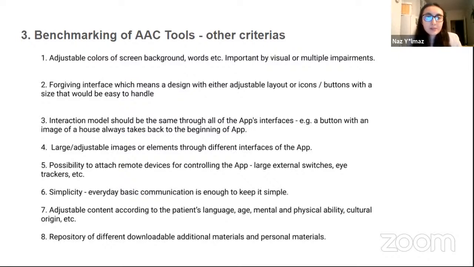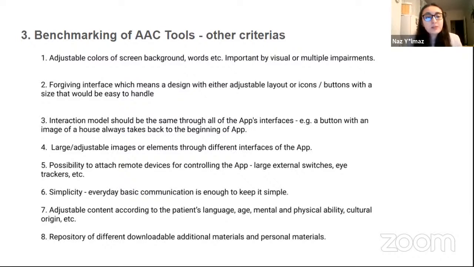There should be adjustable colors of screen background, words, etc., important for visual or multiple impairments. For a given interface, this means a design with either adjustable layout or icons, buttons with a size that will be easy to handle. Third, interaction mode should be the same through all of the app's interfaces, like a button with an image of a house always takes back to the beginning of the app. And the fourth one, large and adjustable images or elements through different interfaces of the app.